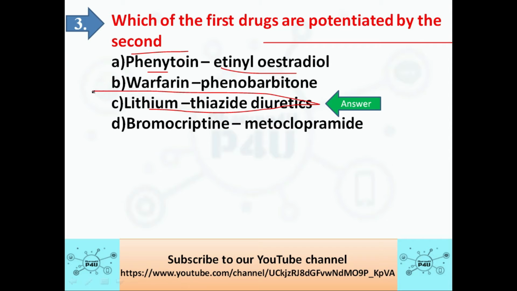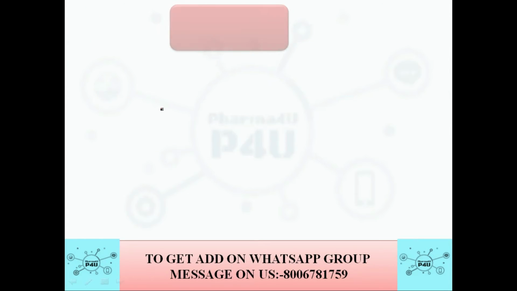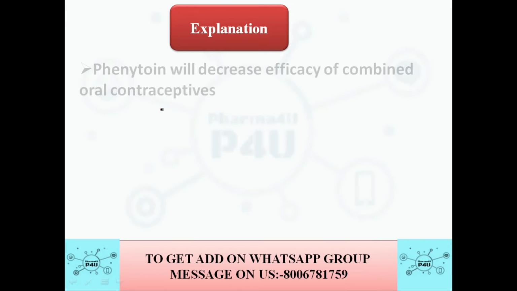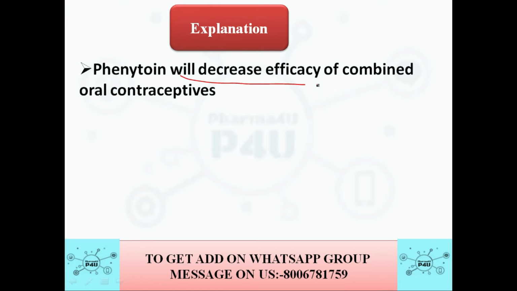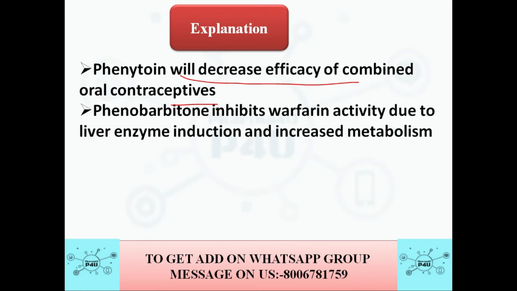So let's have an explanation on this. Phenytoin will decrease the efficacy of combined oral contraceptives, while phenobarbital inhibits warfarin activity due to liver enzyme induction and increased metabolism.